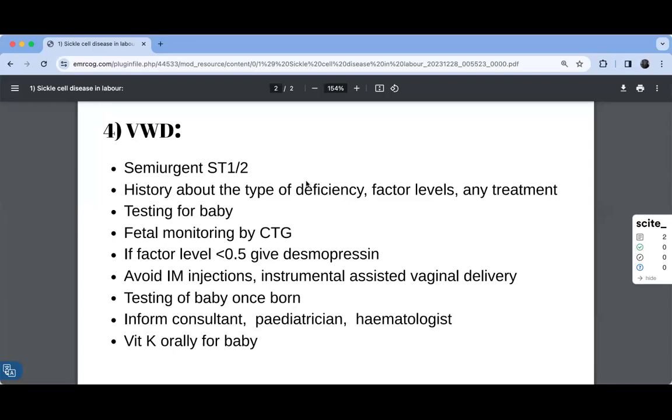And inform, of course, your consultant about the presence of the patient, the pediatrician, and the hematologist, and give a note that vitamin K should be given to the baby orally. For the continuous management of this labor, we can also start tranexamic acid afterwards.